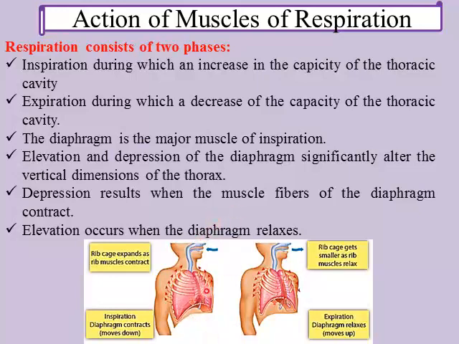So during inspiration, all the diameters will increase to increase the capacity of the thoracic cavity. The opposite occurs during expiration. The air comes out by the decrease of the capacity of the thoracic wall. No space for the air to be inside, so it will come out.